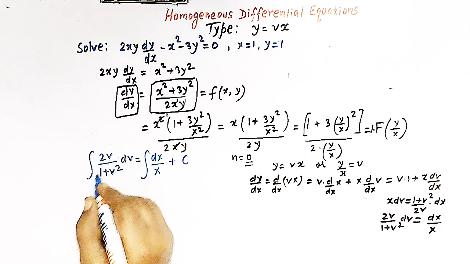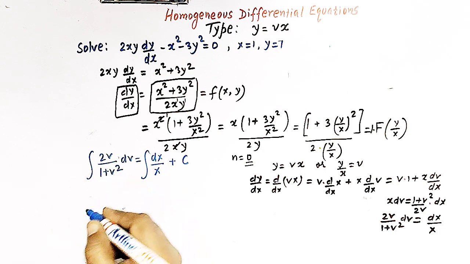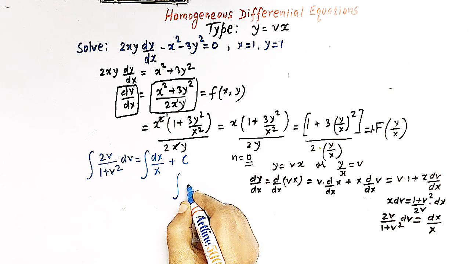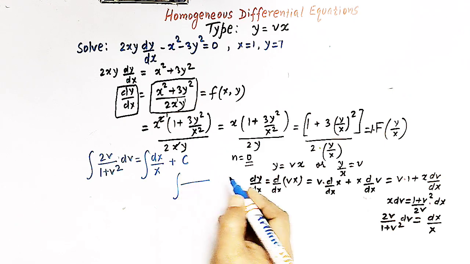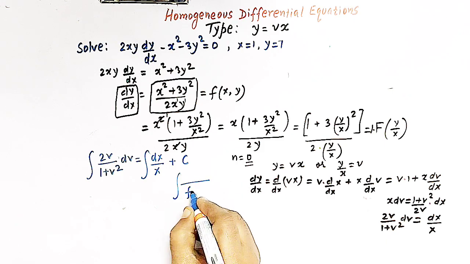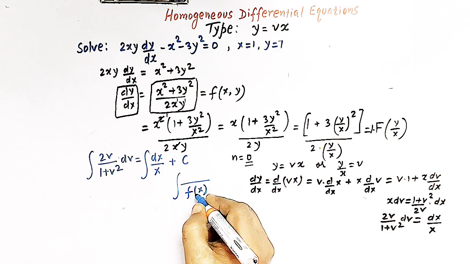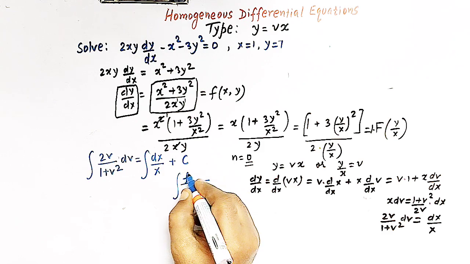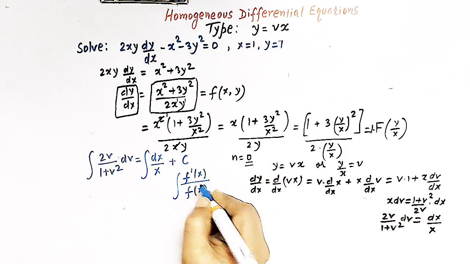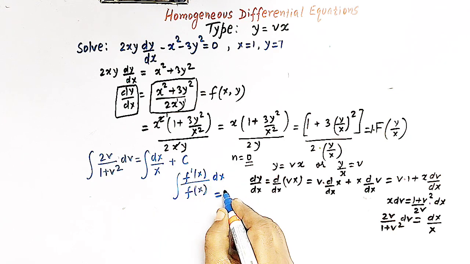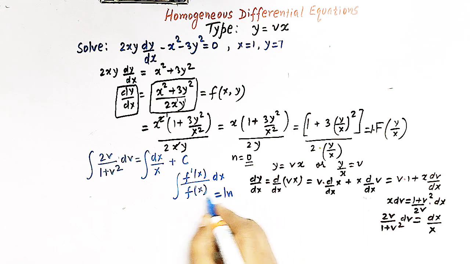So here we can use an important and direct result from integration, that is, if we have the integrand of this form, that is, we have in the denominator say f of x, and its derivative exists in the numerator, that is f prime of x, then this integral is simply equal to log of f of x, right?